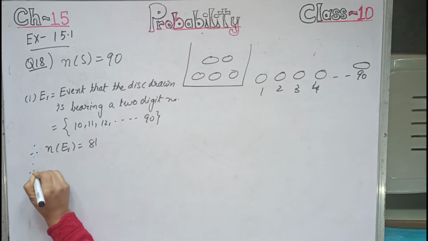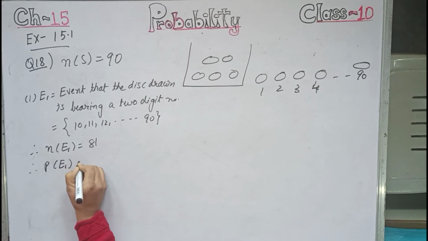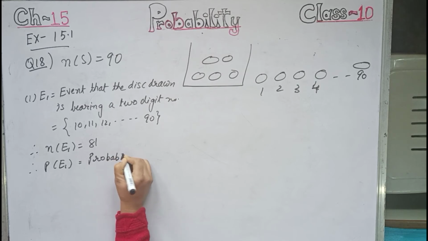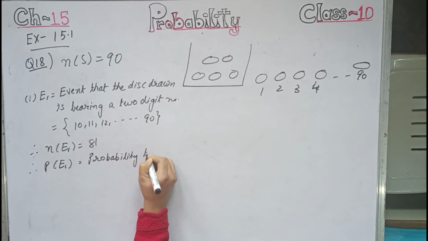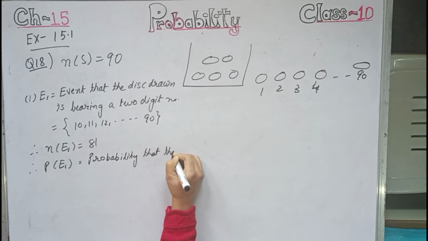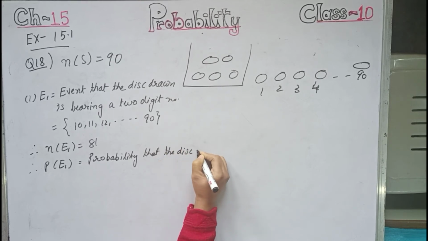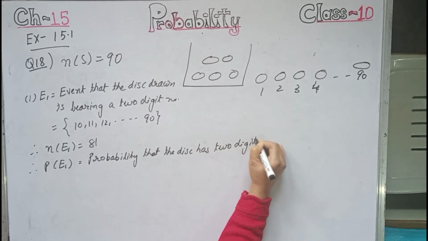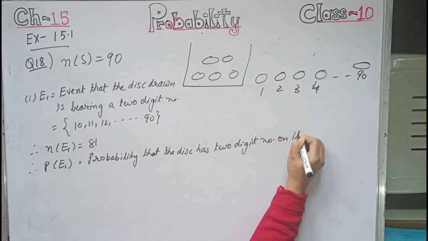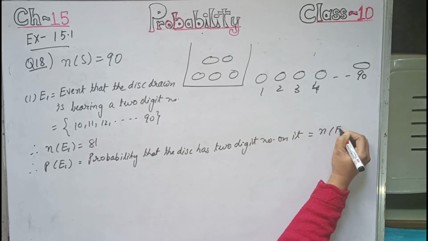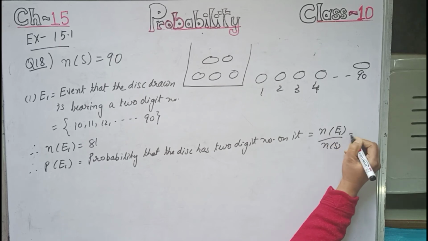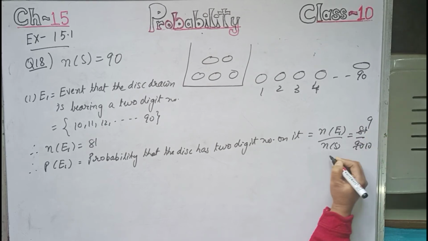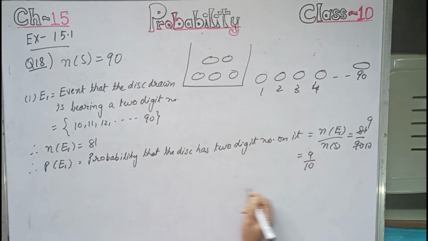So n(E1) is 81, therefore P(E1), probability that the disc has a 2-digit number on it, equals n(E1) by n(S) equals 81 by 90 equals 9 by 10.